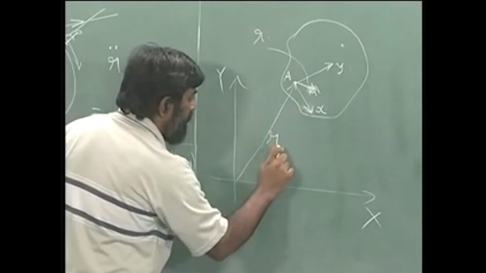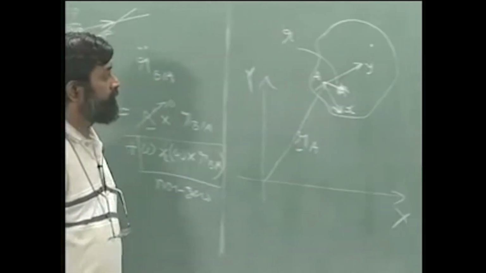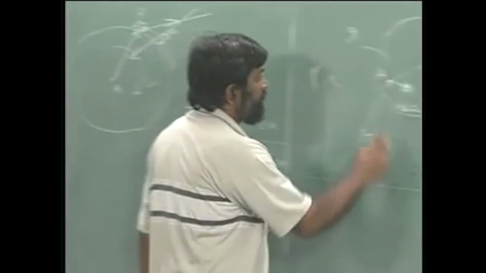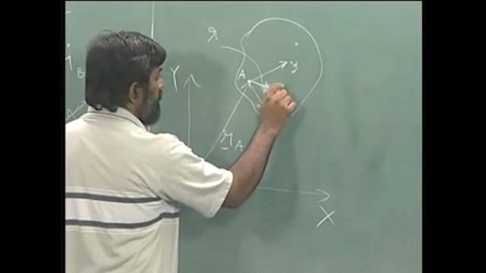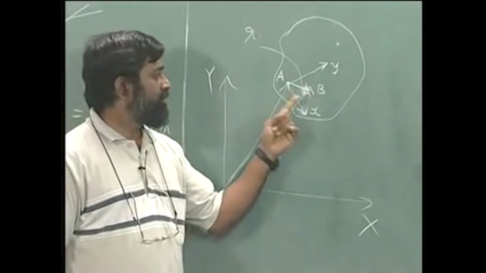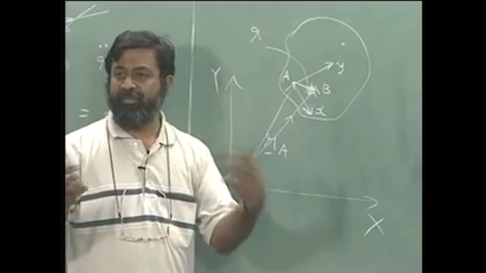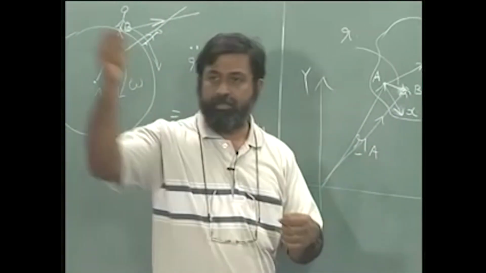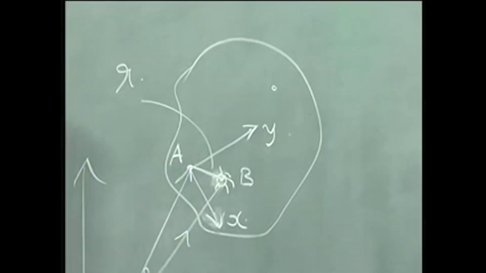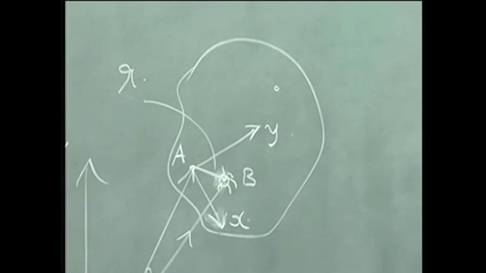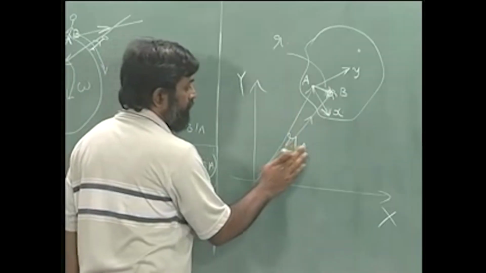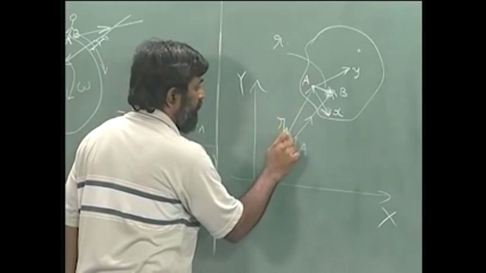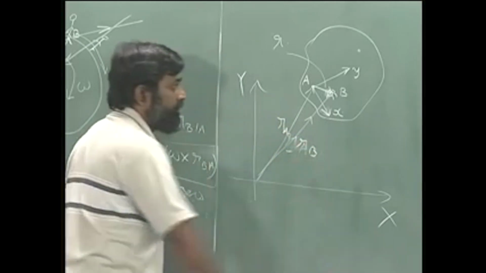Let us take this as R A. Okay. Let us say this is, shall we call this as B? Let us just call for now this particular insect to be positioned at B, okay, and this B may be moving with respect to A, alright. So, let us say this is R and this is RA, okay, and this is RB, okay.